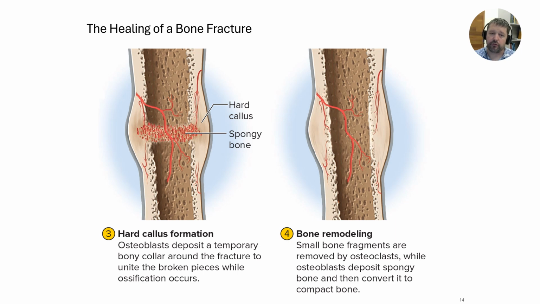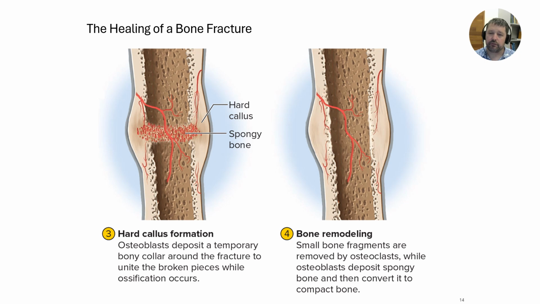Osteoblasts will start to deposit what we call a bone collar around it. Most of the time this is temporary, although sometimes not, but it'll form a hard bone callus, compact bone on the outside, and then on the inside you'll start to see the formation of spongy bone.